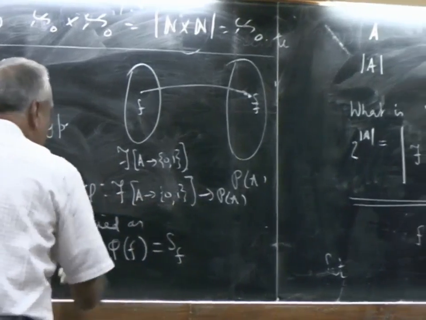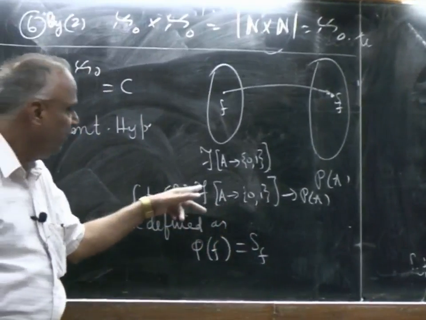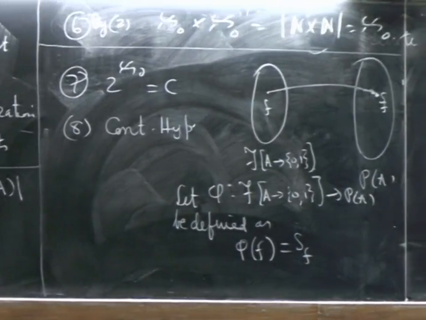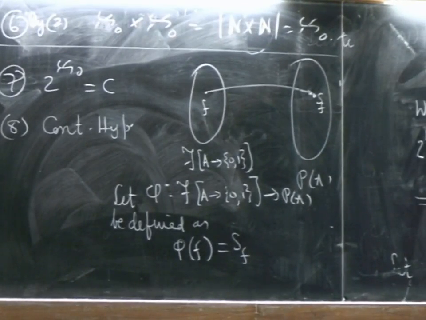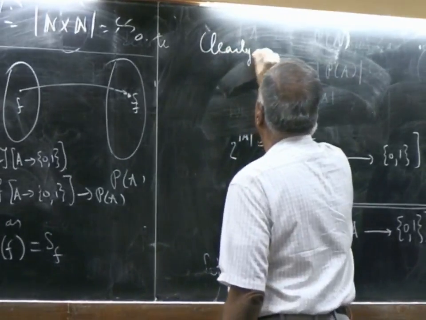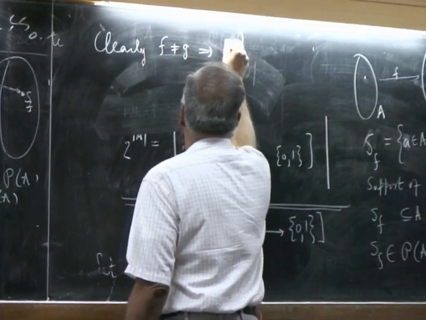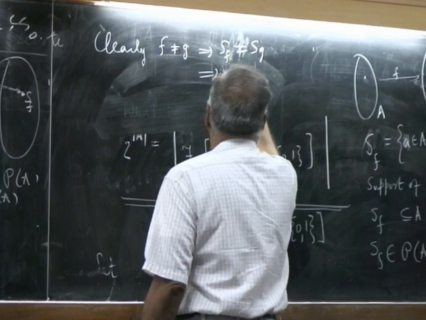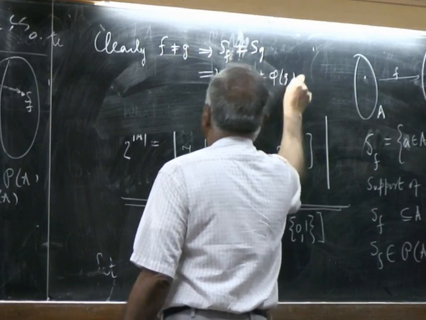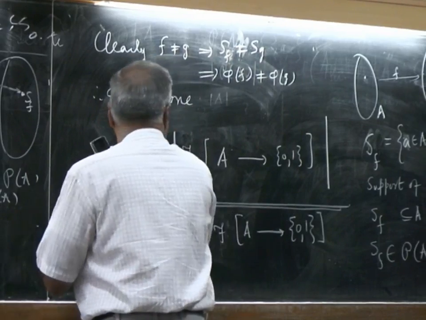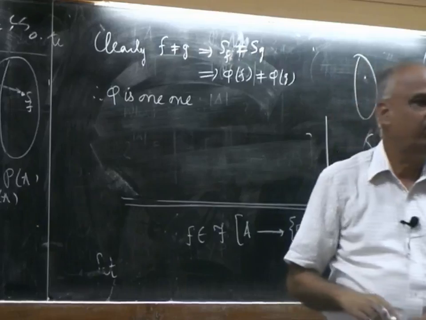And therefore, clearly two different functions will have two different supports, because they have to differ at least at one point. At the point where one takes 0, the other must take 1, or vice versa. So clearly F not equal to G implies S_F not equal to S_G, which implies phi of F is not equal to phi of G. Therefore phi is 1-1.